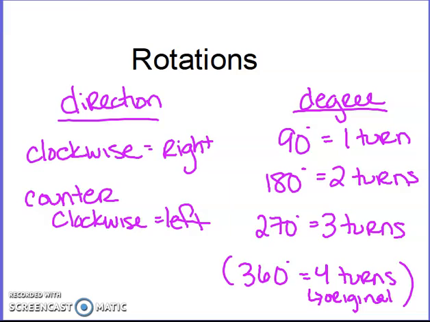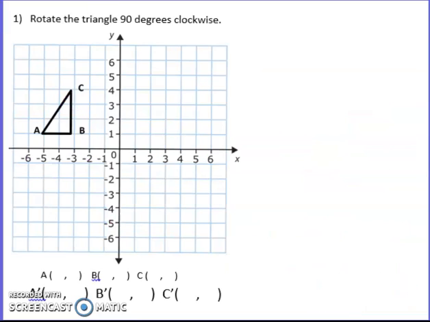Now, if we look, our problem asks us to rotate the triangle 90 degrees. So 90 degrees tells me I'm going to turn it one time, and clockwise means I'm going to turn it to the right. Now, if you were to Google this, yes, there are rules that will tell you what's going to happen to your X and Y coordinates.